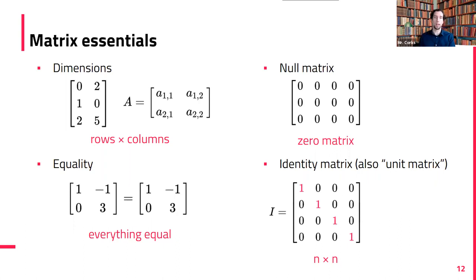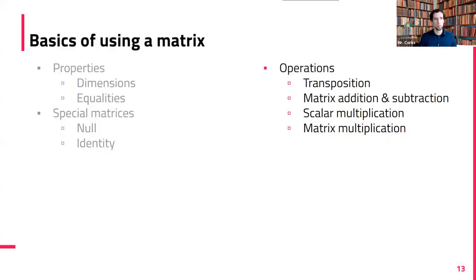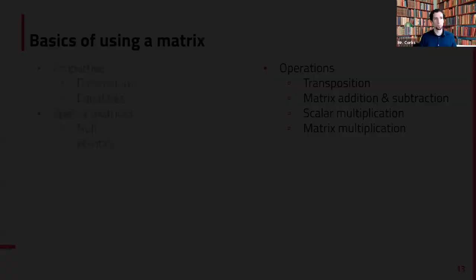So n by n matrix, or n could be whatever, but the number of rows and number of columns must be equal. We will talk briefly today about why we care about a null matrix and an identity matrix and where we put those into use. So transposing, adding and subtracting, scalar multiplication, matrix multiplication. Those are the 4 core operations for dealing with matrices that we should be familiar with.